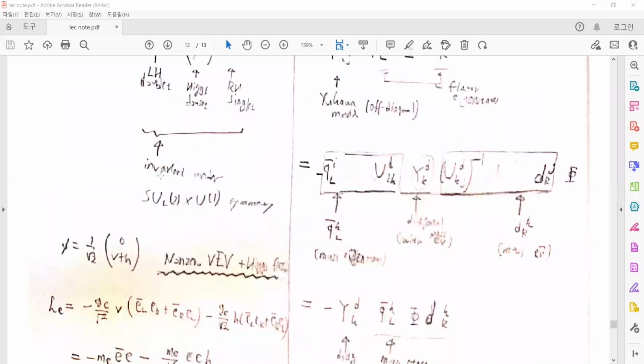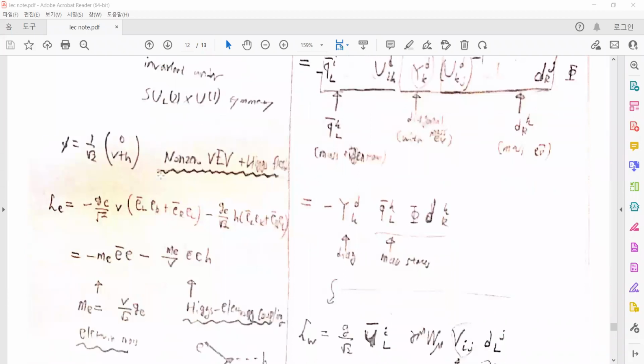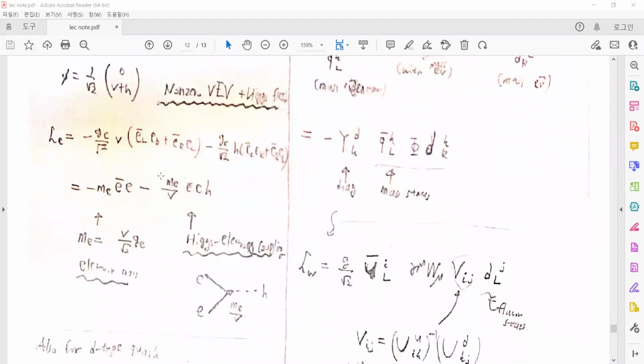Such an interaction will give non-zero mass to the fermions. So we choose the non-zero vacuum expectation value plus a small perturbation of the Higgs field in the neutral component, and it will give such interaction terms.